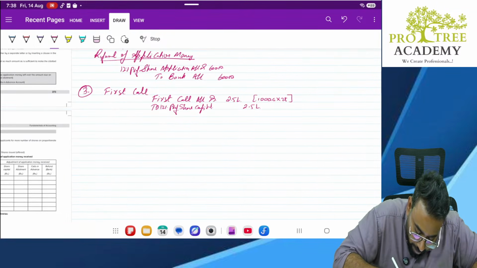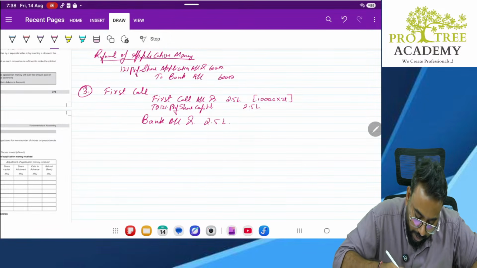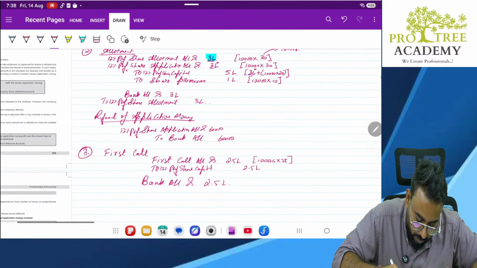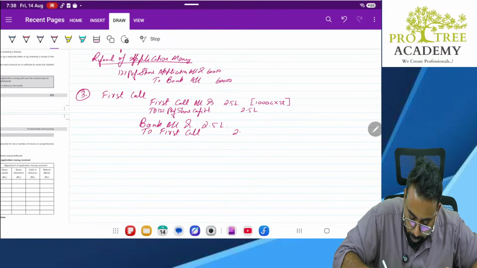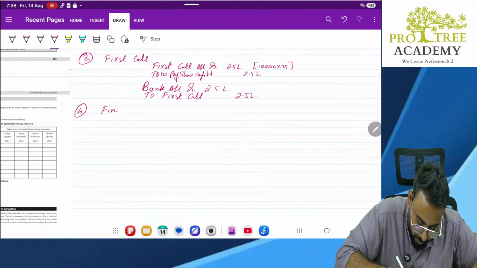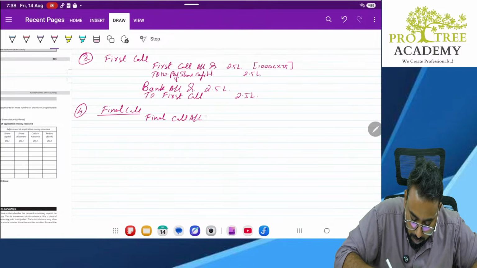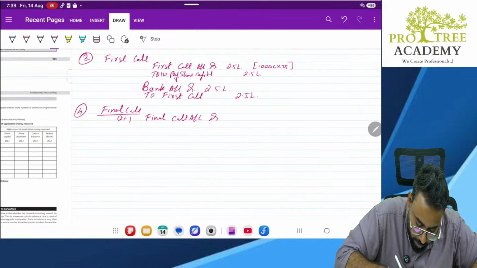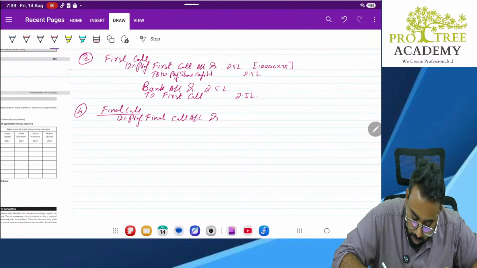Next, when we receive the money, it will be bank account debit 2.5 lakh to first call 2.5 lakhs. Next, final call. What is the entry? Final call account debit. Here also you can use 12% preference shares final call account debit.